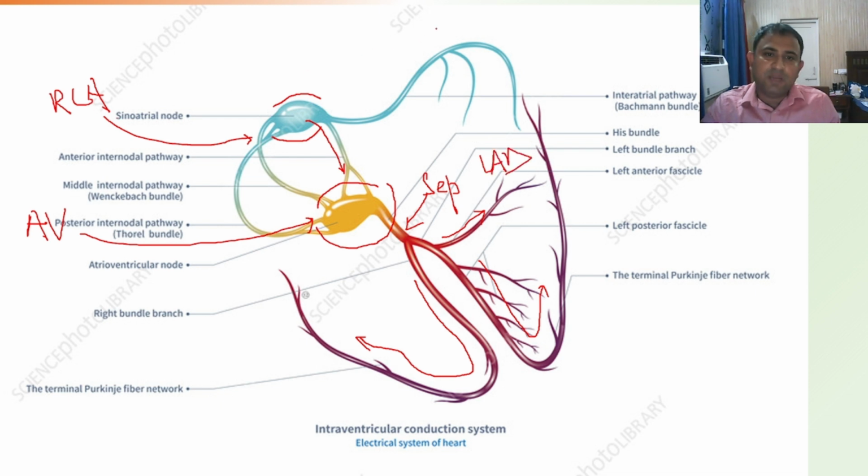And in 40% of cases, the sinoatrial node is supplied by the left circumflex artery. When it is supplied by the RCA, we call it right dominant circulation. When it is supplied by the LCX, it is called left dominant circulation.